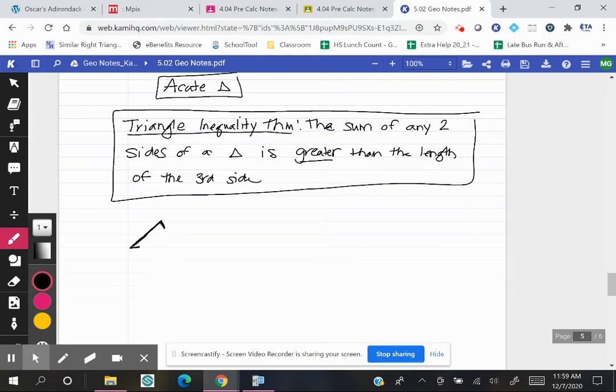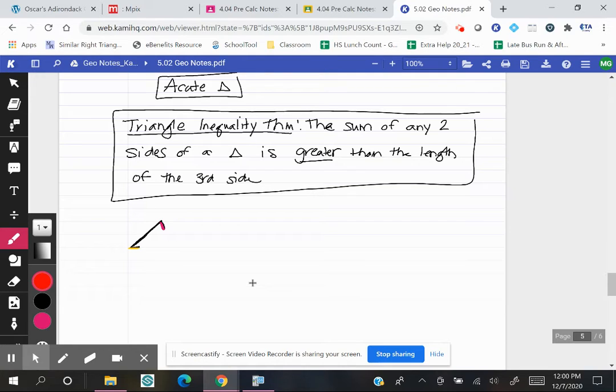Is there any way you could possibly make a triangle out of this pink side, that black side, and this yellow side? The answer is no. There's no way to get them to reach each other to form a triangle.